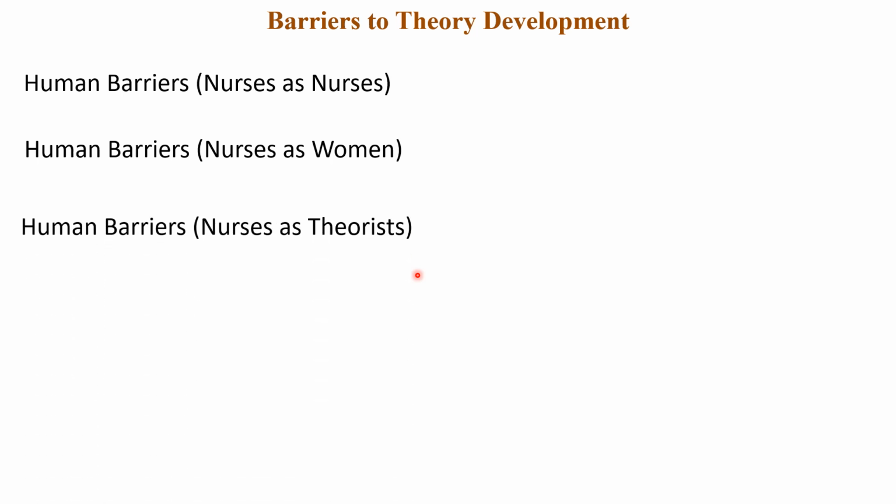The third human barrier is nurses as theorists. The interdisciplinary battles between the nursing service and education side is also a barrier to theoretical development. Both the service side and education side have to collaborate together in the development of theories to prevent that barrier.